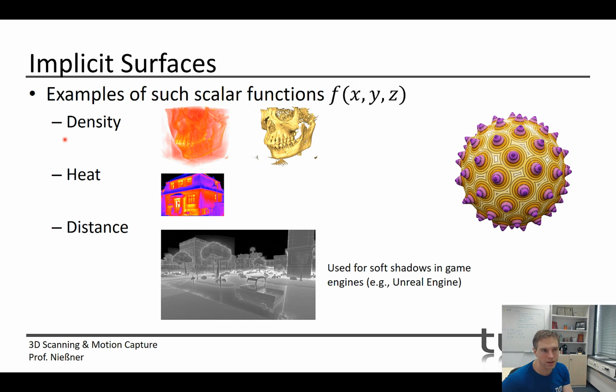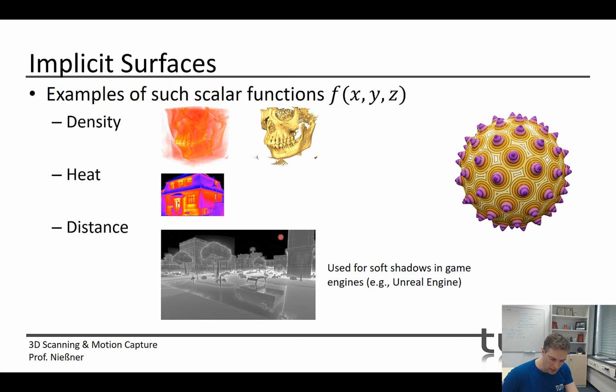It's also an implicit function. We also have heat maps, heat signatures, or distance fields, what we had a while ago. Distance fields are also often used for soft shadows and so on in games, but we're going to use them for reconstruction.